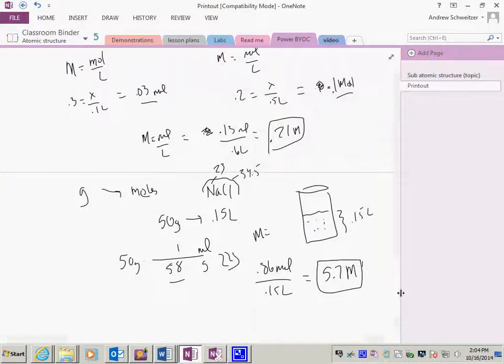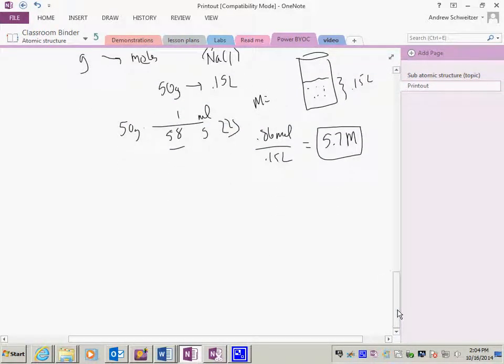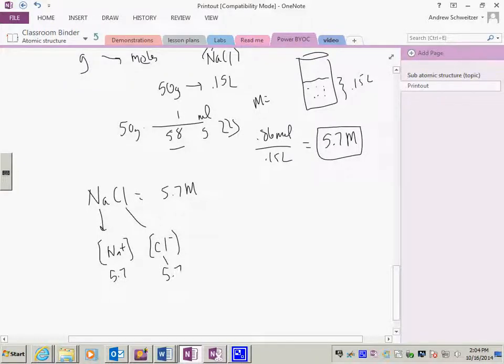Other than that, some common questions that will be asked about this. If I have the NaCl solution at 5.7 moles per liter, I might be asked the concentration of the sodium ion, which, because it's a 1-to-1 ratio, is 5.7. The chloride ion concentration is also 5.7. And again, there are 2 ions present here.